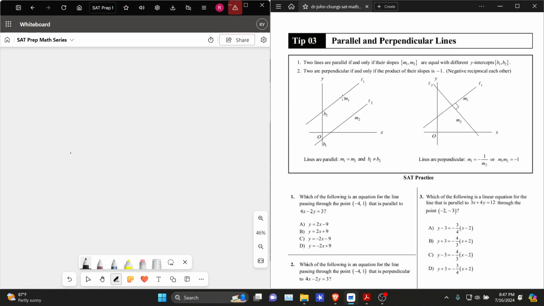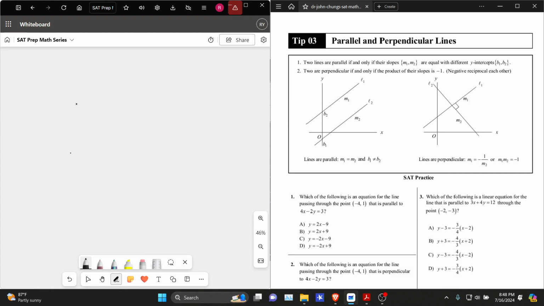And two lines are perpendicular if the product of their slopes is -1, meaning that their slopes are negative reciprocals of each other. So parallel slopes mean they have the same slope value: m1 is equal to m2 for parallel.